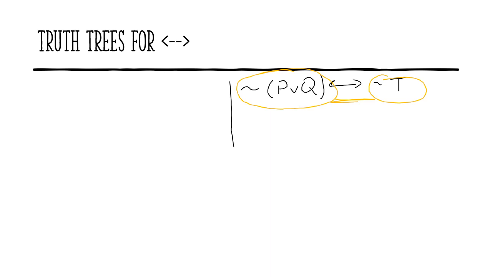So what makes a double arrow false? Because false is on the right, true on the left. What makes it false is whenever they don't match. So wherever the left side is false and the right side is true, or the left side is true and the right side is false. So this is another or statement.